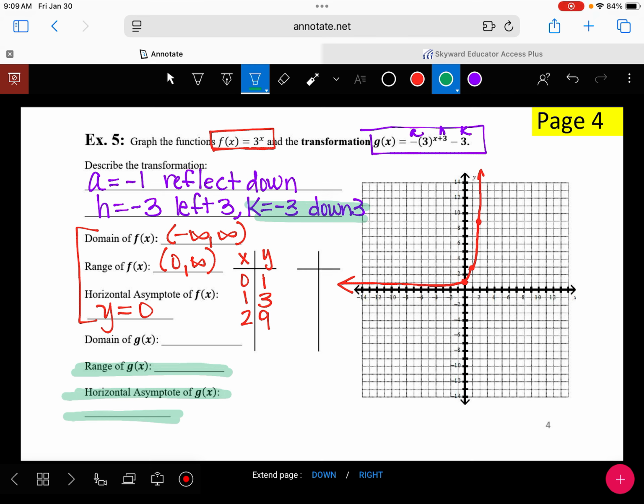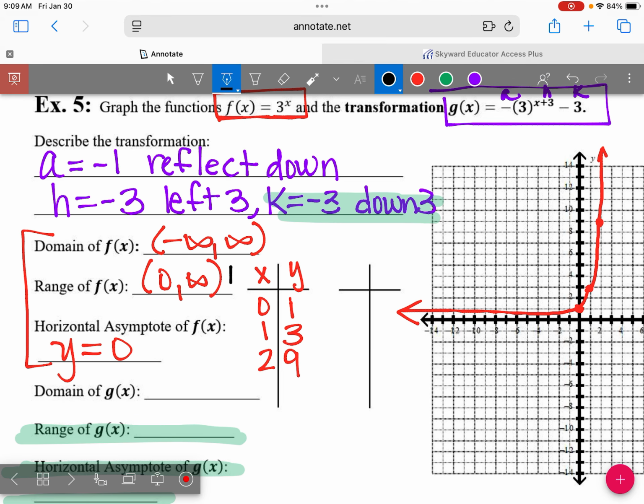All right, so now let's go ahead and apply our transformations. So when we apply our transformations, it's h plus x, which is going to be -3. Go ahead and add -3 to all of these numbers. To the y side, we're going to multiply them by a and then add k, which means I'm multiplying it by -1 and then I'm subtracting 3 all the way down.